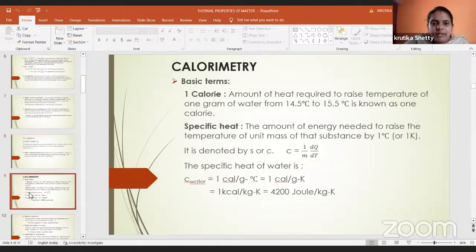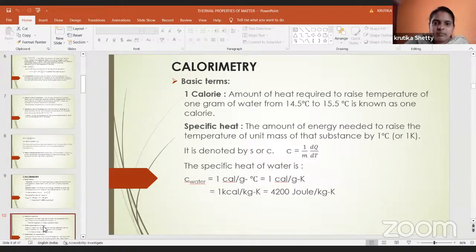Then we have calorimetry. Calorimetry is nothing but the specific heat. So 1 calorie is equal to, you may have done the practical in first year, you have seen the calorimeter device. Heat lost by the hot body is equal to the heat gained by the cold body. What is 1 calorie? To increase the temperature by 1 degree Celsius, how much heat you require, that is called 1 calorie.